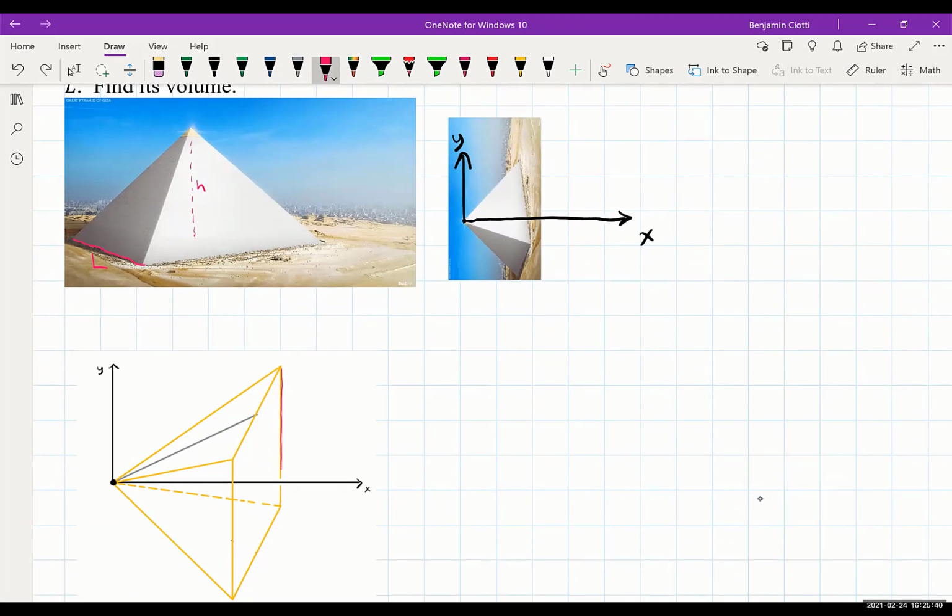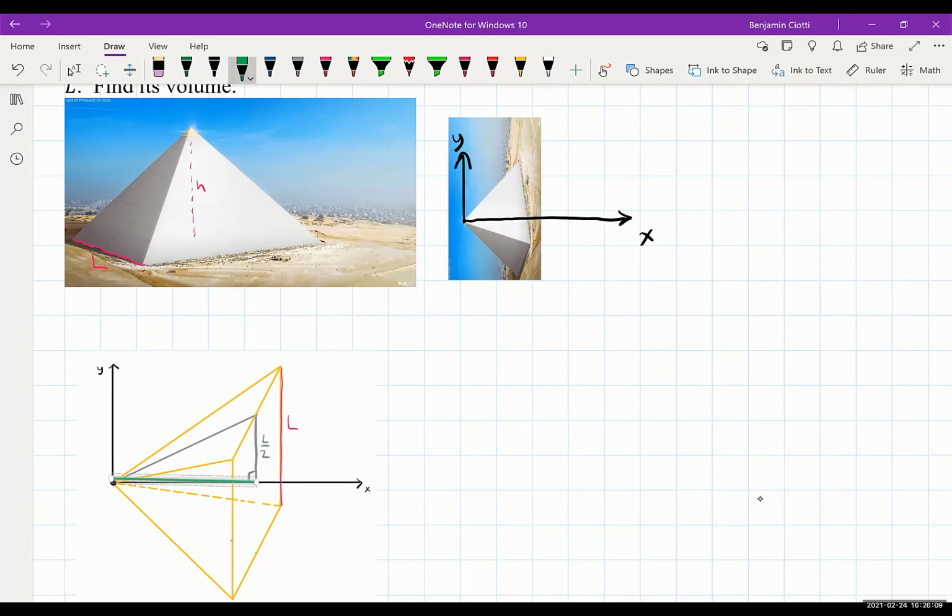Like this side right here, we already know is of length L. So that means that this side right here is of length L over 2. The height is h. So where's h in this picture?